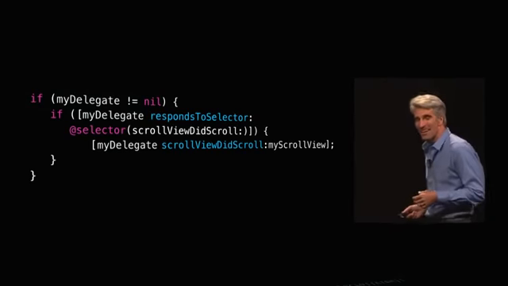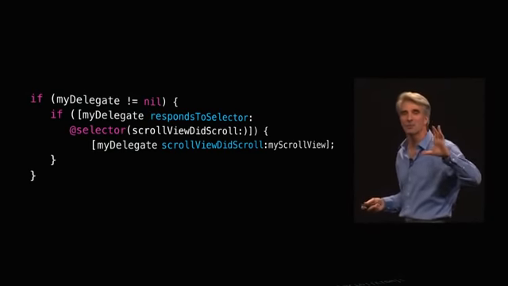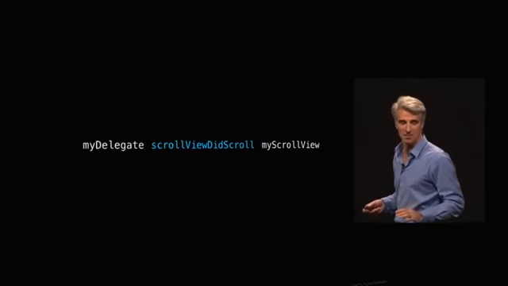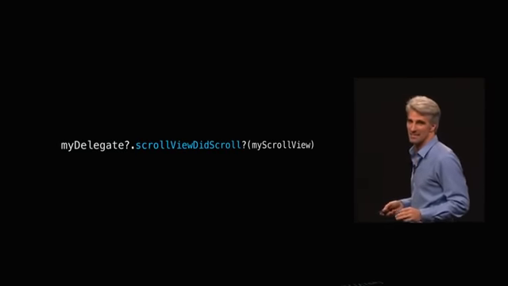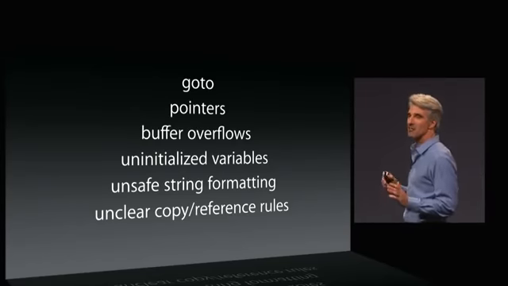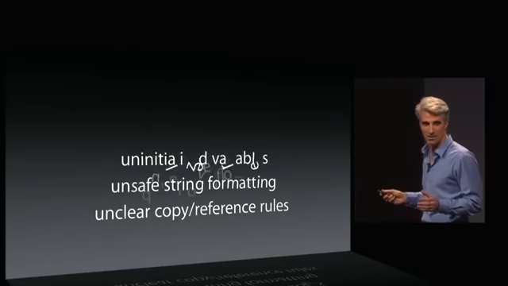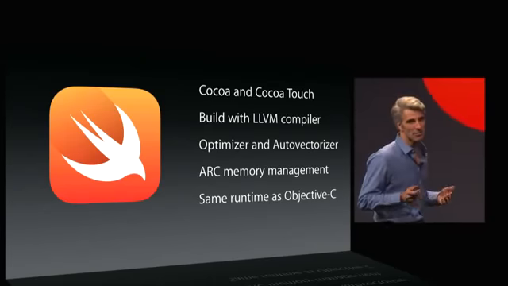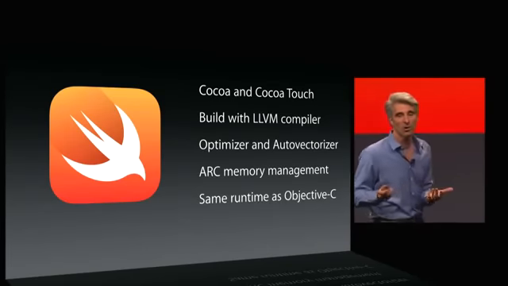With Swift, you're able to reduce a common pattern that you might see in your Objective-C code like this and reduce it to something as simple as this. And Swift defines away large classes of common programming errors. They just aren't possible.